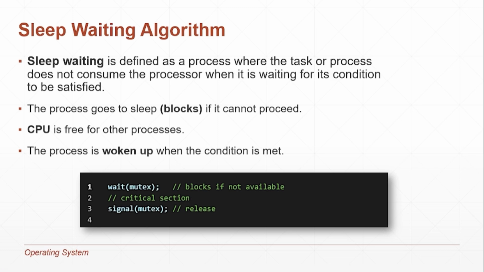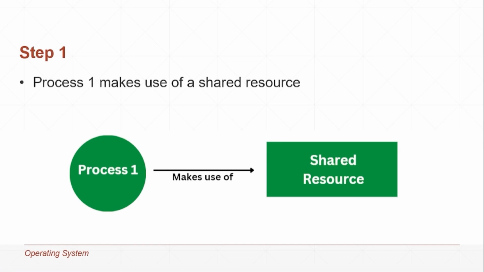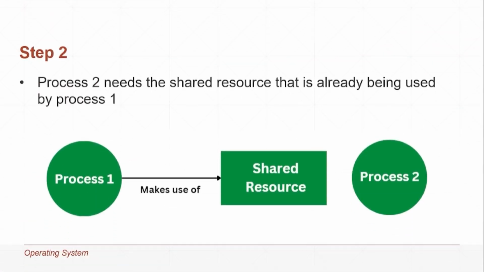So let's step ahead toward the busy waiting algorithm steps. There are 3 steps of busy waiting algorithm. The first step is process 1 makes use of a shared resource. Here you can see the example in the picture. The second step is process 2 needs the shared resource that is already being used by process 1.